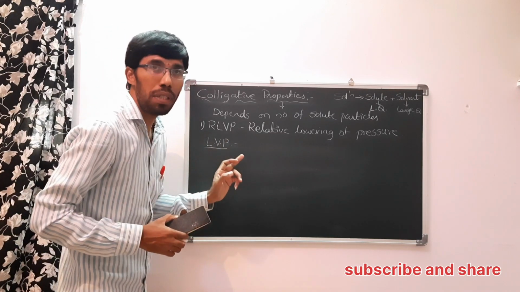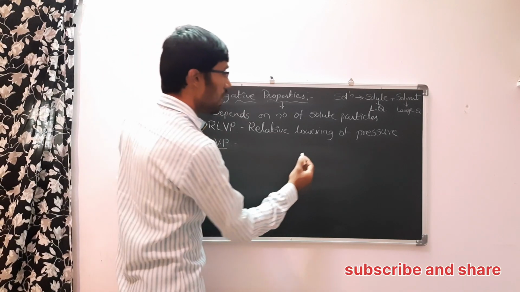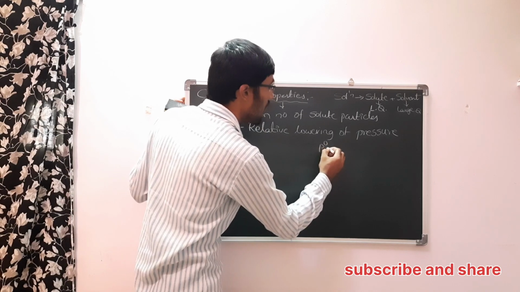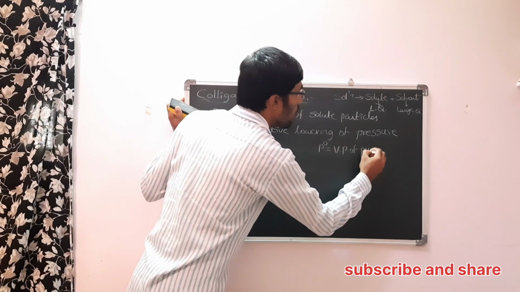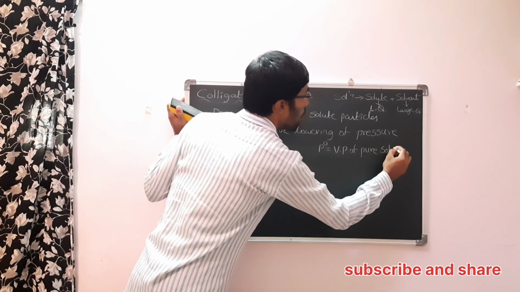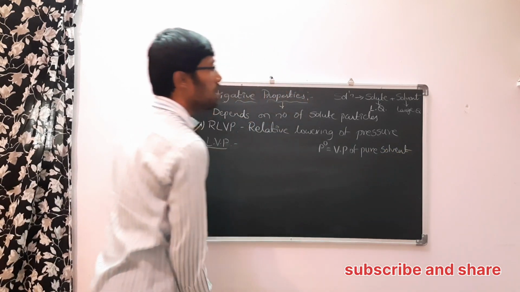Lowering of vapor pressure. For example, here P0 is the vapor pressure of the pure solvent.